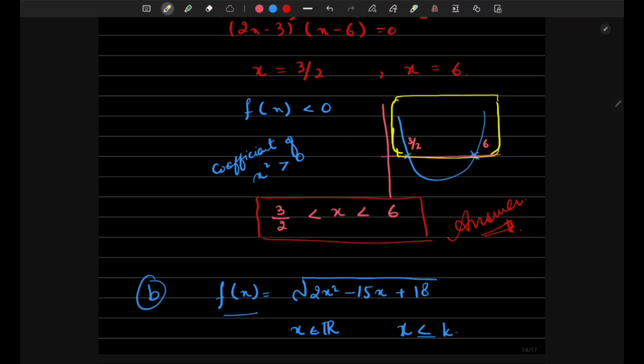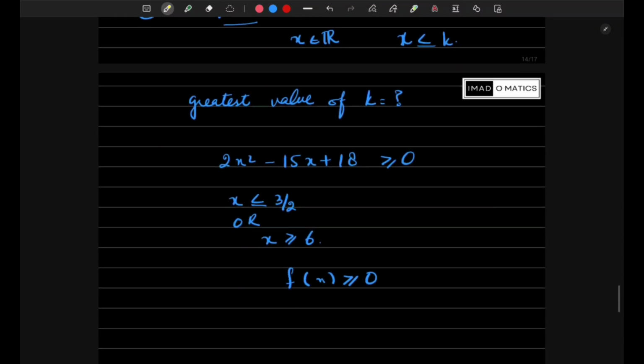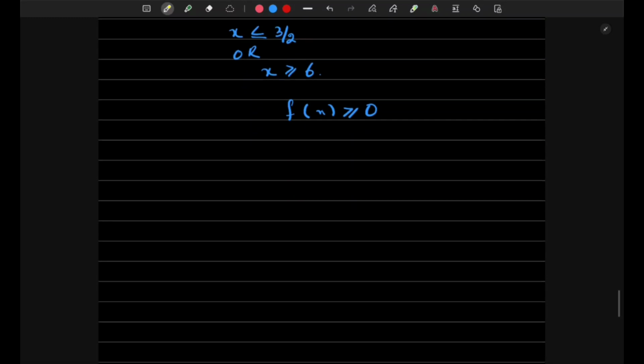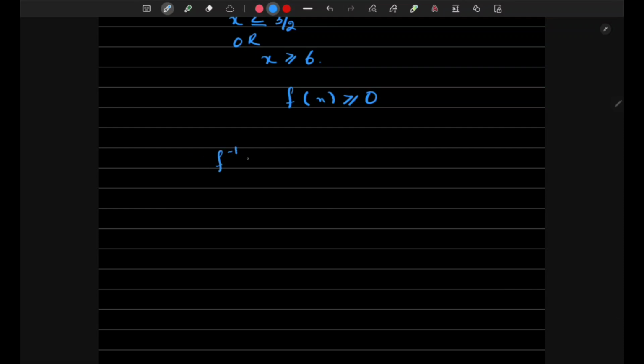So we take the top half of the parabola to make it one-to-one. We have to restrict the domain. So the greatest value of k for which f inverse exists is k = 3/2.